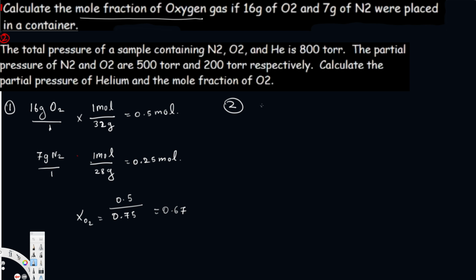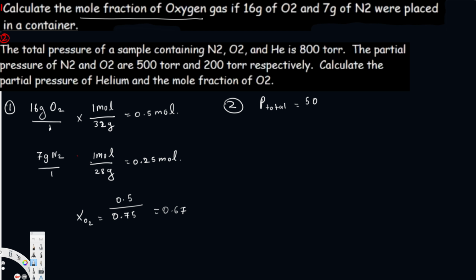Okay, so they have given the P total, and we have the partial pressure of N2 and O2. Since we only have these three in the container, oxygen, nitrogen, and helium, we know two of them already. That is 500 and 200.